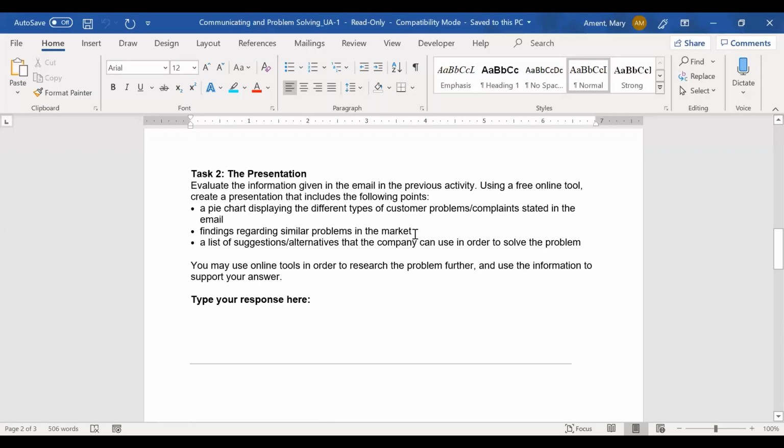And then you can also make a slide that suggests alternatives to the problems. This could also be alternatives that you saw when researching problems other companies had had.